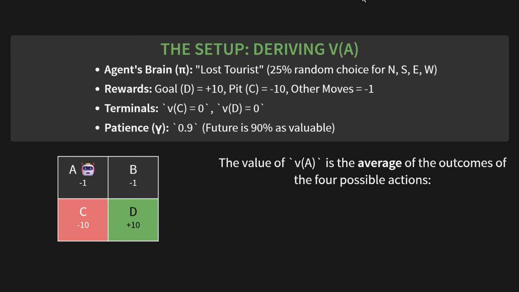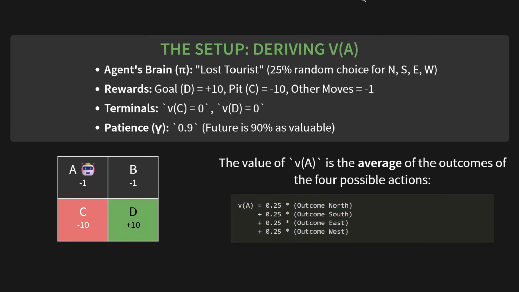Finally, our patience knob, the discount factor, is set to 0.9. Future rewards are only 90% as valuable. Our mission? Find the true value of being in state A, which we call V of A. The Bellman logic says that the value of V of A is simply the average of the outcomes of the 4 possible actions our random agent might take.